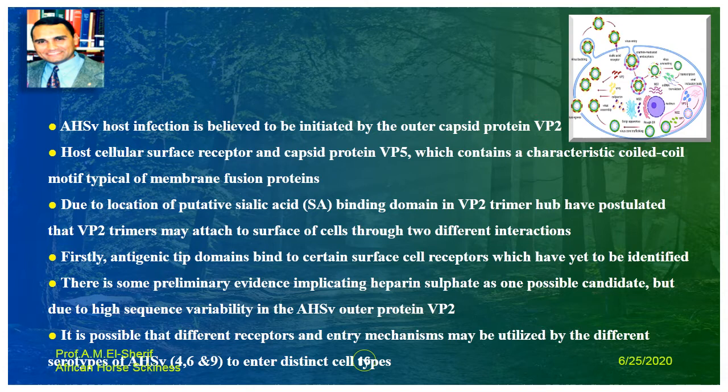There is some preliminary evidence implicating heparan sulfate as one possible candidate, but due to high sequence variability in the African horse sickness virus outer protein VP2, it is possible that different receptors and entry mechanisms may be utilized by the different serotypes 4, 6, and 9 to enter distinct cell types.